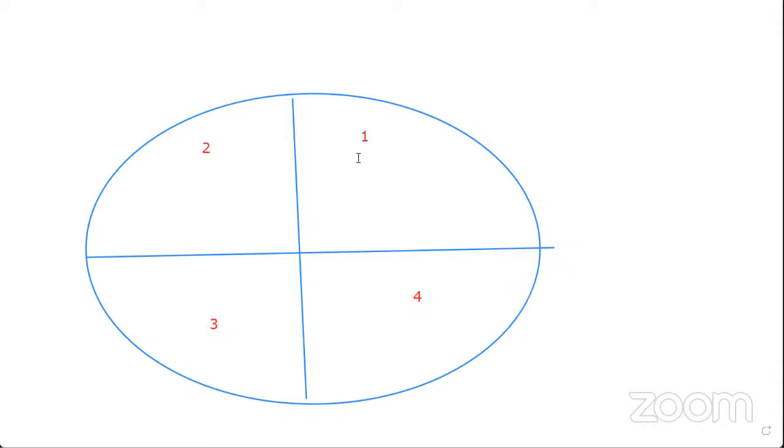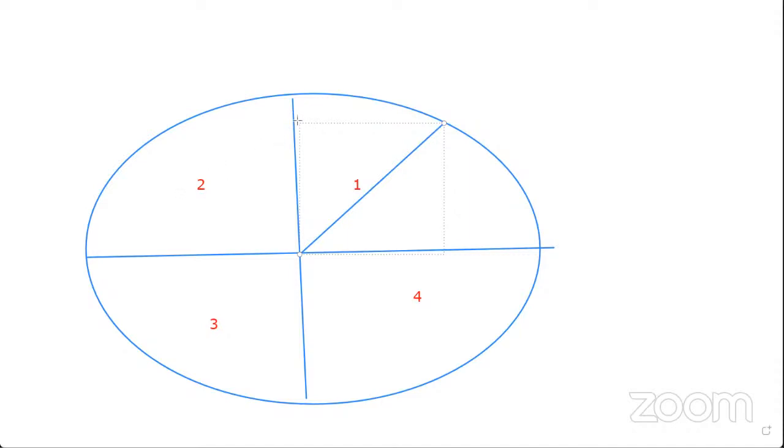And I told you there will always be an acute angle in the first quadrant, because the angle value is 0 to 90 degrees.